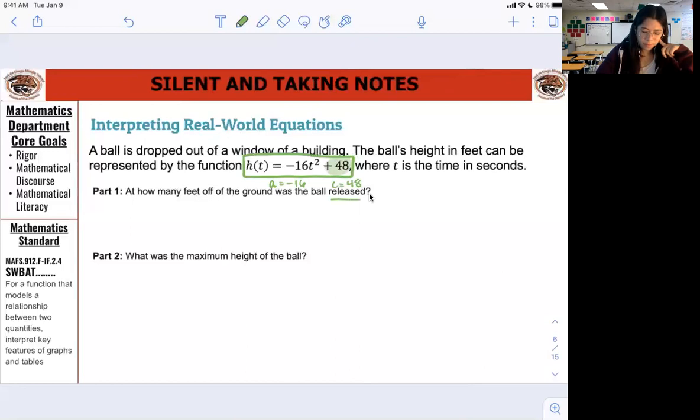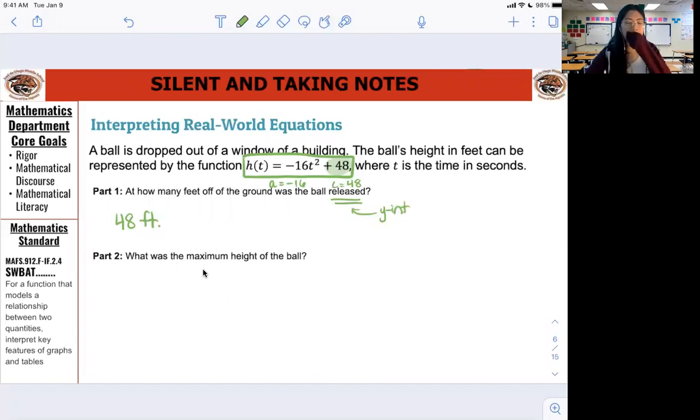What was the question again? Oh, I was just asking this same problem. We're still looking at the y-intercept, which is 48. 48 feet. All right. Questions on that? Even though this equation is a little different, we're still looking at the constant value in order to find the y-intercept.